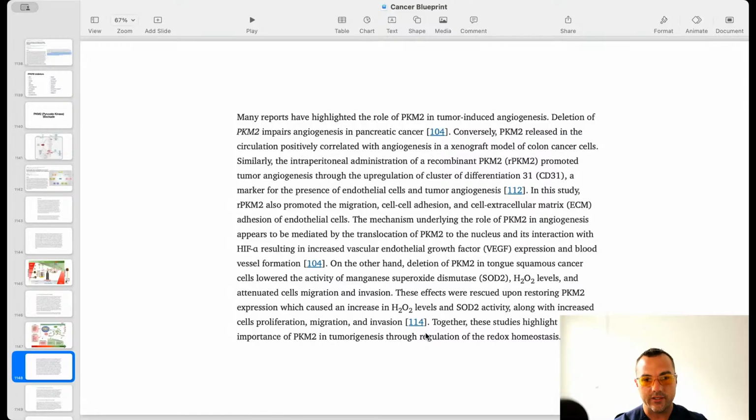So the bottom line is, together, these studies highlight the importance of PKM2 in tumorigenesis, not just the energy production that we focus on, especially during this glycolysis system, but also the entire proliferation and expansion of cancer, metastases of cancer, redox homeostasis of cancer. It's more than just an enzyme that converts one football to the next football in the glycolysis process.